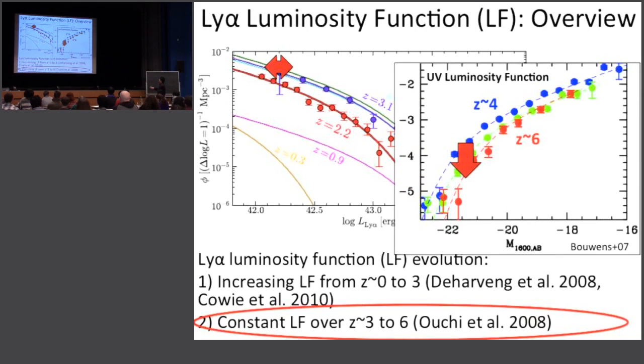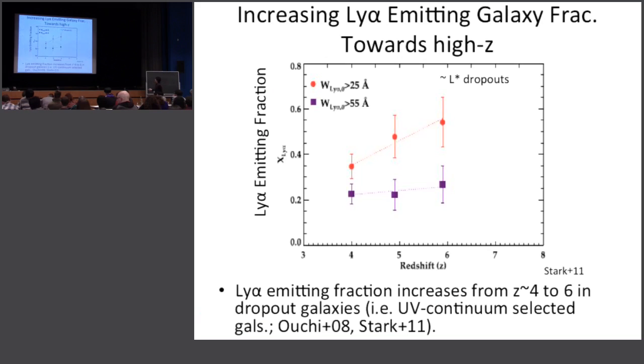So it is a great contrast between the Lyman-alpha population and the dropout galaxy population. Of course, you are looking at the UV luminosity for dropouts and the Lyman-alpha luminosity for the Lyman-alpha emitters. So let's look at it more closely.